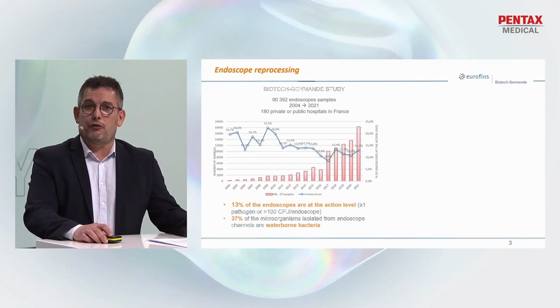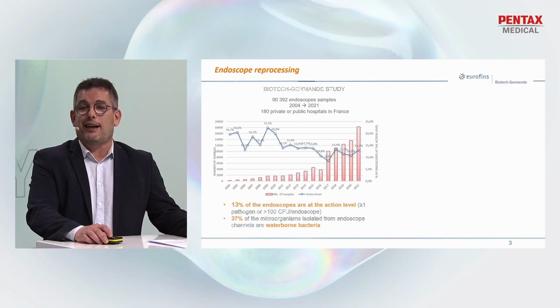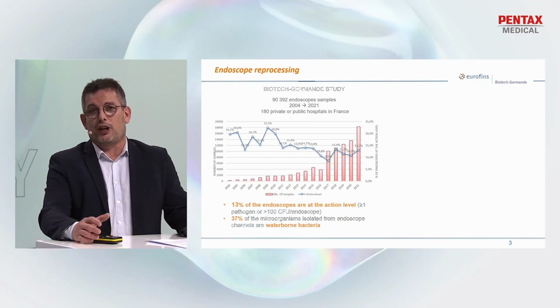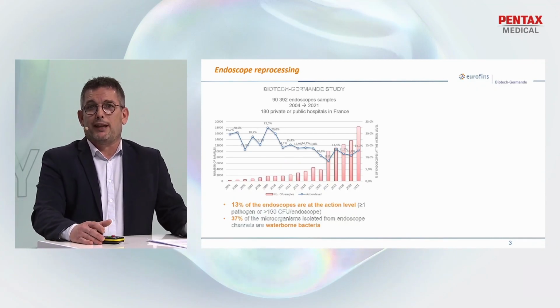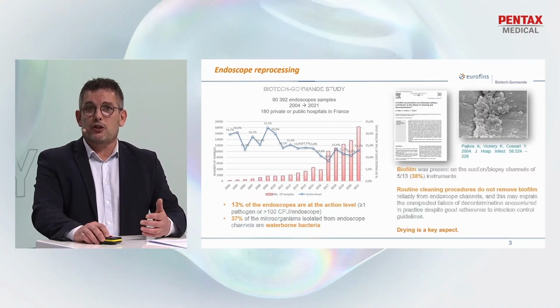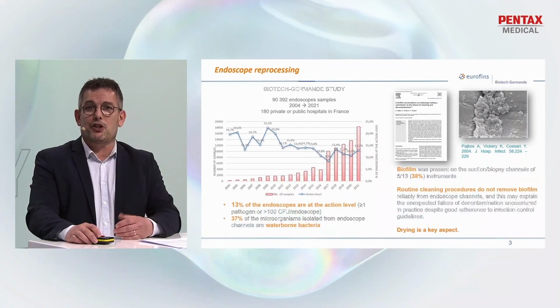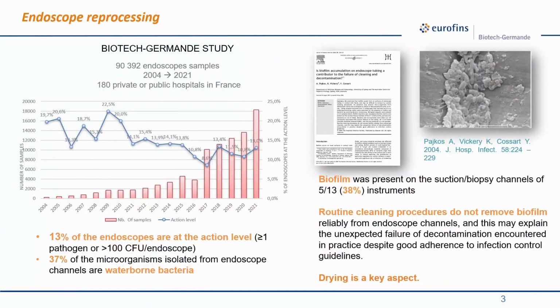Another very important information given by this study is the nature of the bacteria found inside the endoscope when we sampled them. In fact, we found 37% of bacteria found inside the endoscope are waterborne bacteria, indicating that there is still water inside the endoscope, and there is a huge risk to form biofilm. And this risk of biofilm formation in endoscope channel is well established by some papers, including the Pineau paper published in 2004.